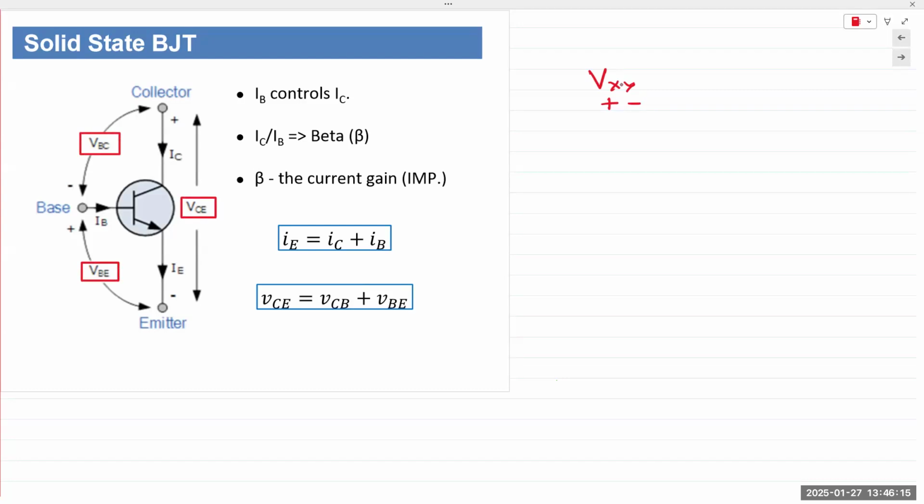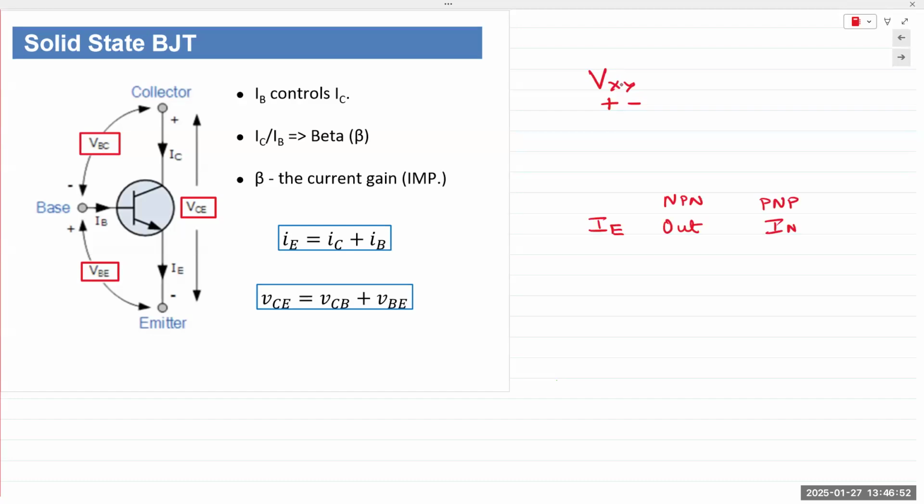For an NPN transistor, the emitter current is coming out, because it's electrons that are coming out of the emitter and going into the base. So the emitter current is coming out. Collector and base currents are going in. For a PNP transistor, IE is going in.